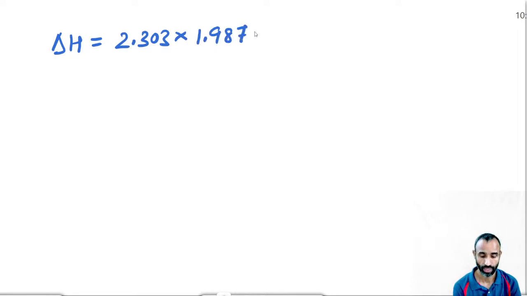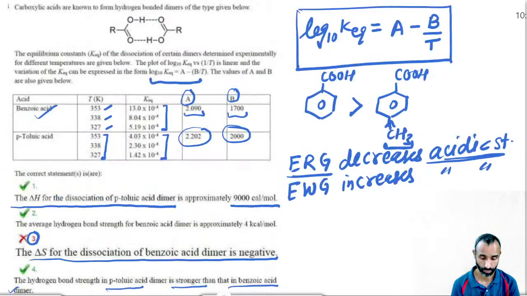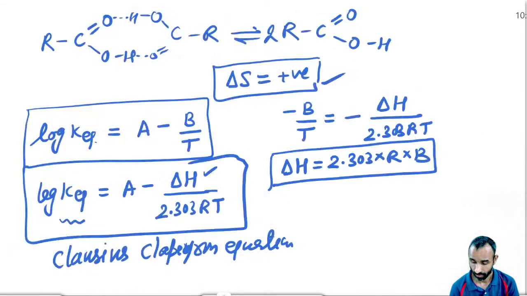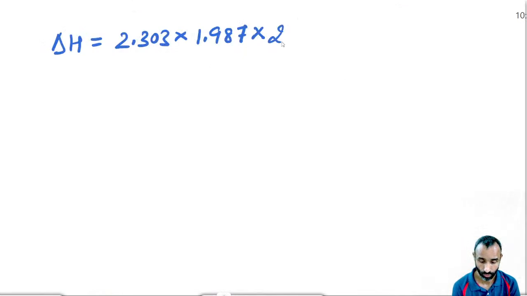Yes, 1.987 calorie per Kelvin per mole, into B. B for toluic acid is 2000.